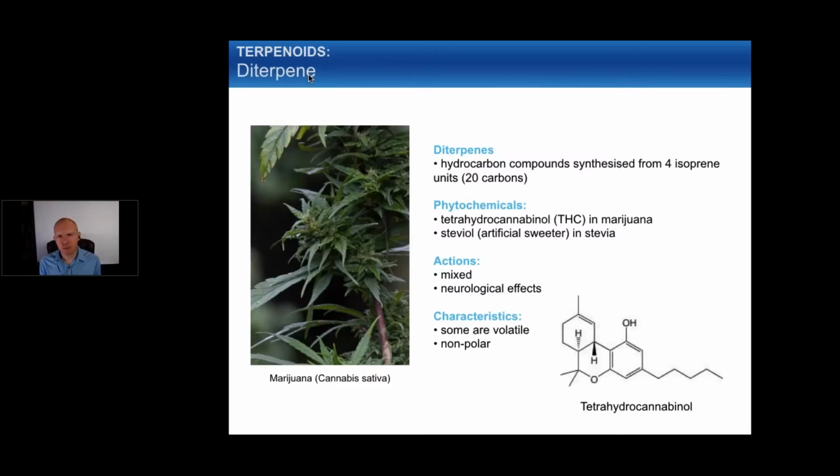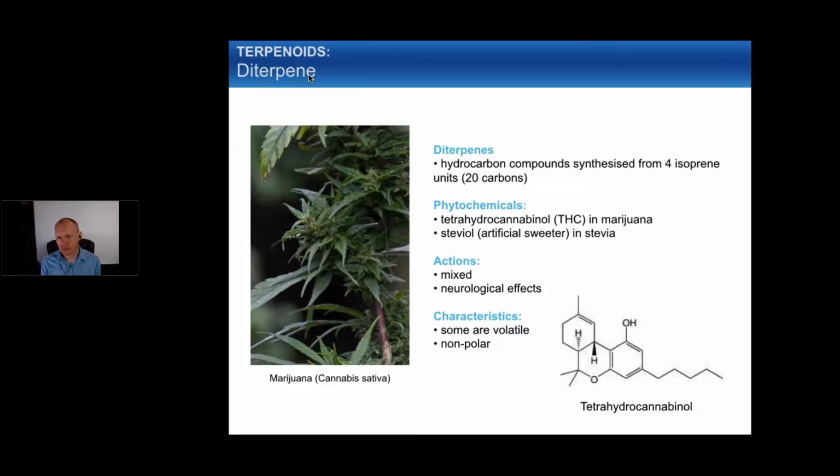To give you a couple examples, diterpenes, you should be able to figure it out already. If the monoterpenoids, mono meaning 1, has 10 carbons, then the diterpenoids has twice as many, and that gives you 20 carbons. So diterpenes are made from 4 isoprene units. A couple examples of some classic phytochemicals that are diterpenoids.